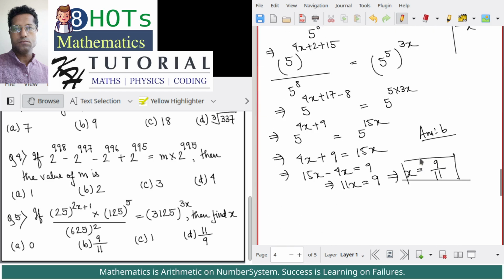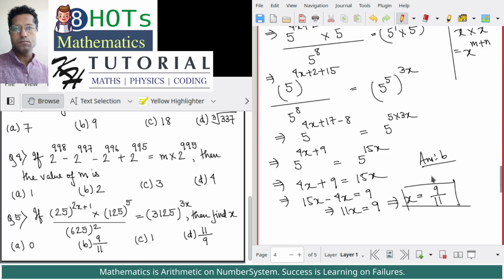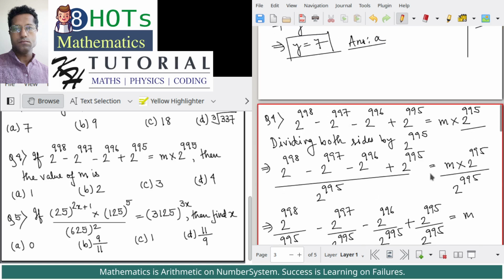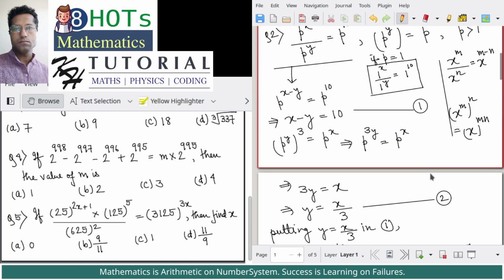Okay, so this brings to an end solving another set of 5 good problems on exponential equations. I hope these problems will give you good practice and judgment of your understanding of the concepts of solving unknowns in an exponential equation applying the laws of exponents.